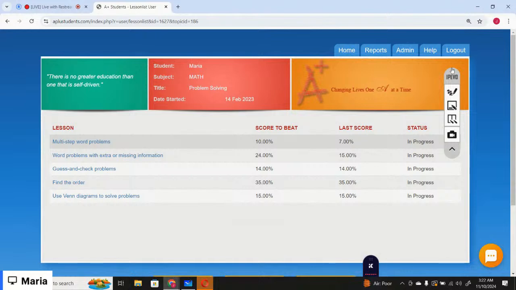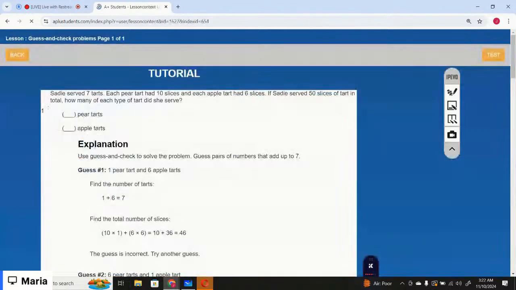The next lesson is guess and check problems. Sadie served 7 tarts. Each pear tart had 10 slices and each apple tart had 6 slices. If Sadie served 50 slices of tart in total, how many of each type of tart did she serve?